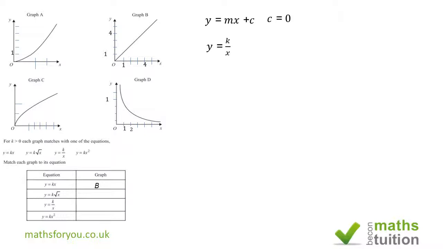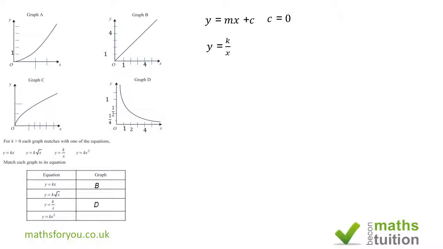When x is 2, the inverse of 2 is a half. Or when y is a quarter, the inverse of a quarter is 4. So we can see clearly that when x increases, y decreases, or when x decreases, y increases. So we can now match equation y is equal to k over x to graph D. So this and that equation will match.